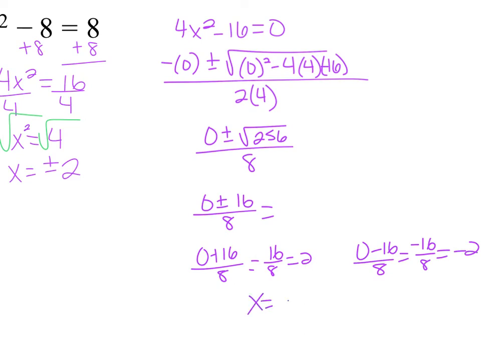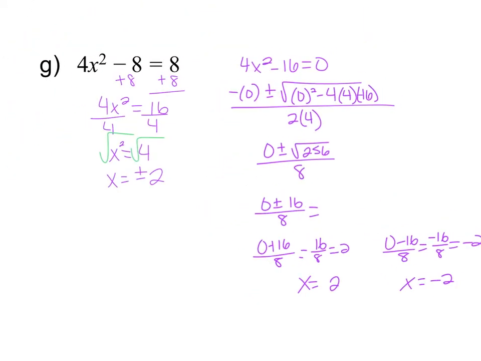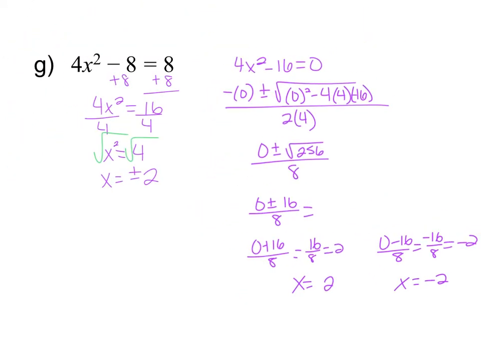Look at that, x equals 2 and x equals negative 2, the exact same thing we got over there. But as you can see, on this one, the quadratic formula does take a little longer, which is okay, but if you forget all of the other ways of solving these, you can always do it with the quadratic formula. So that is it for the quadratic formula. I hope you enjoyed it.